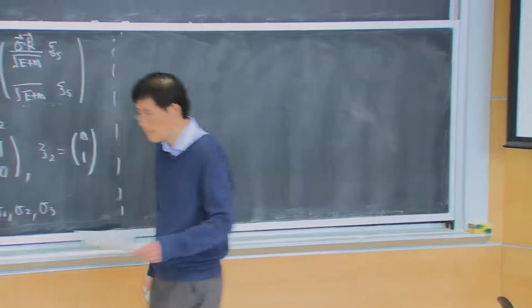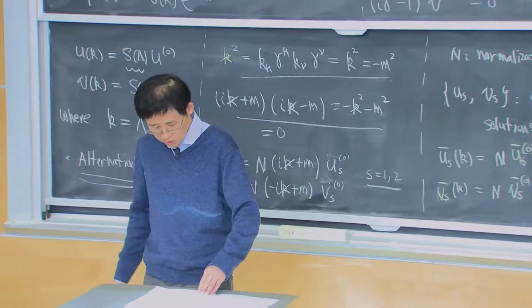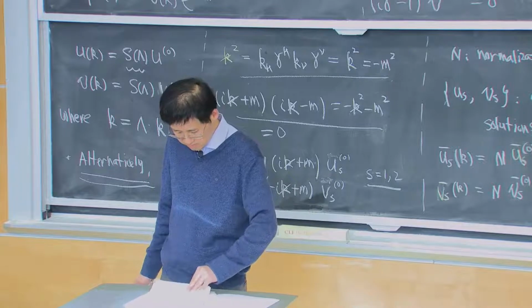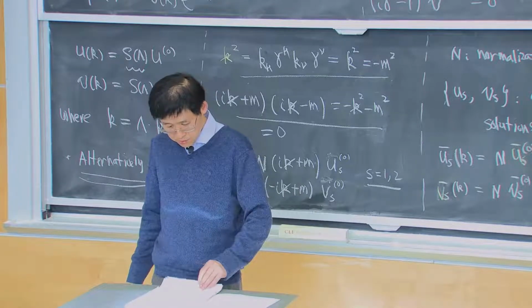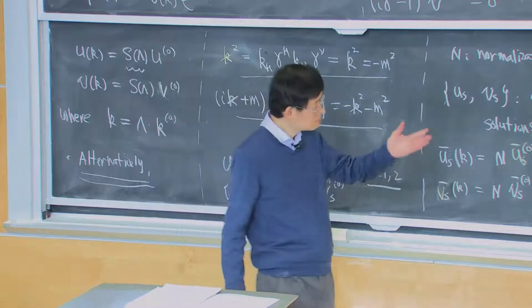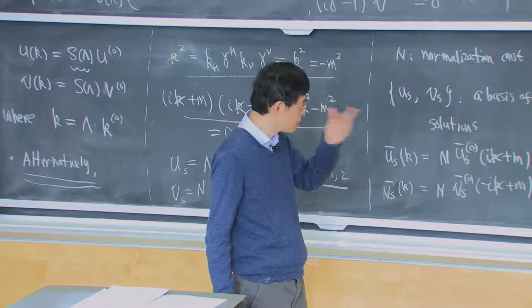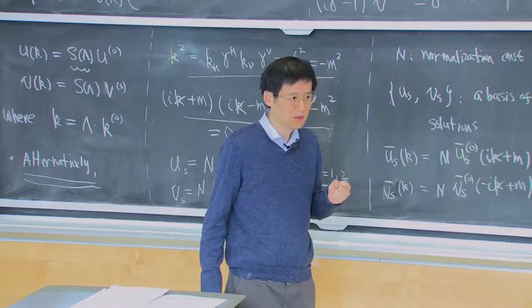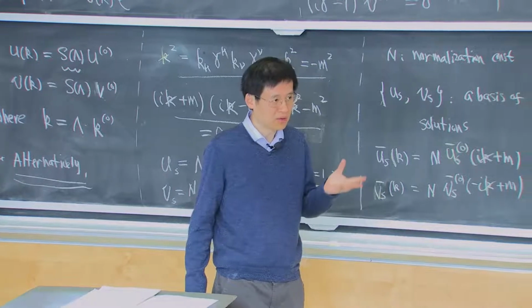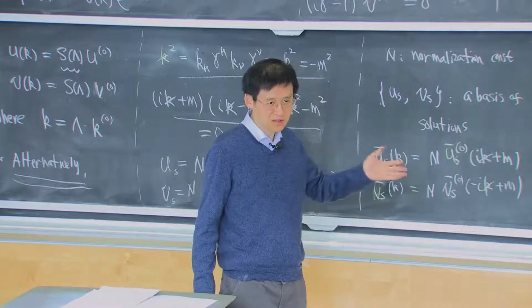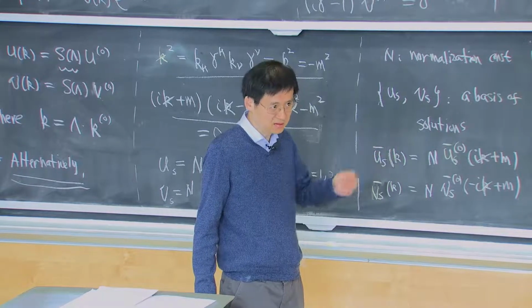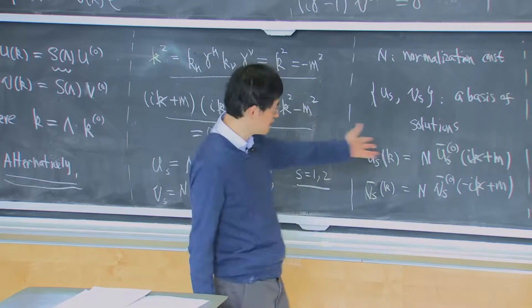Okay, so let me make a few remarks on the solutions. Being familiar with the properties of the solutions will be very useful later when you do Feynman diagram calculations, because when you involve, say, electron fermions, it's no longer a plane wave.